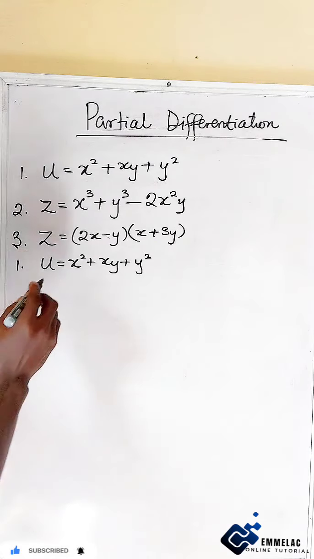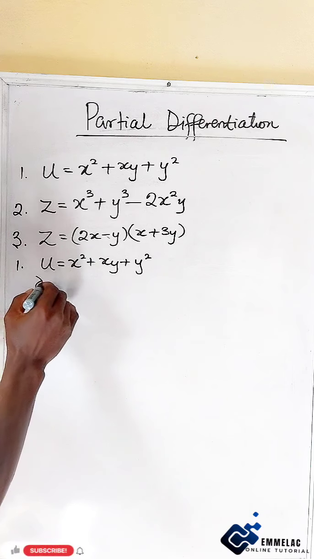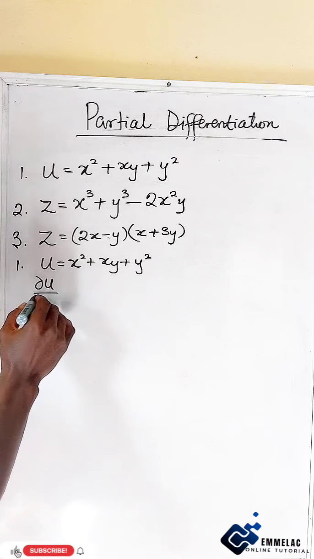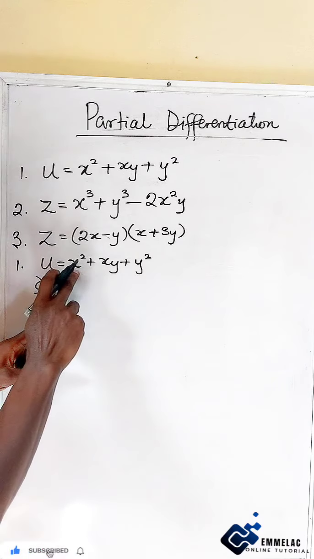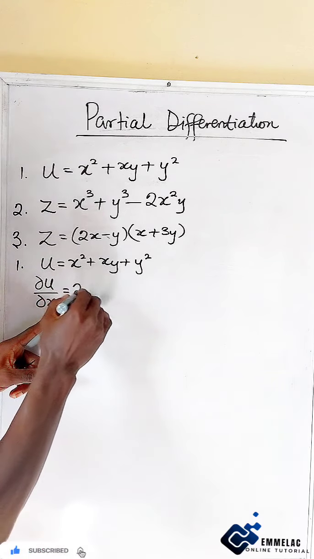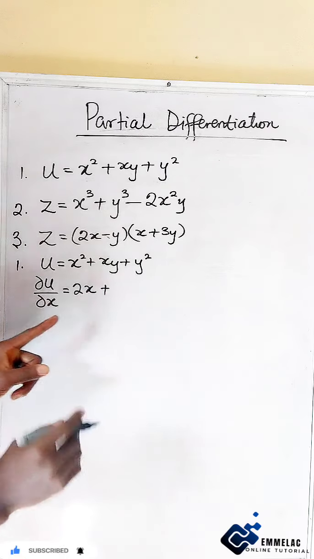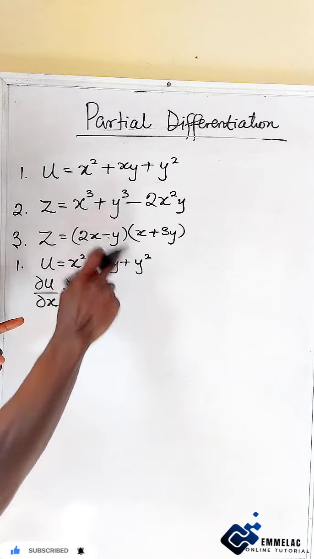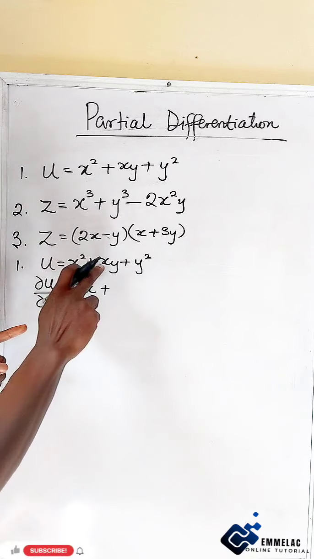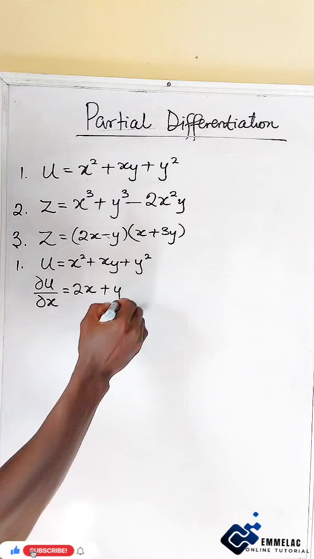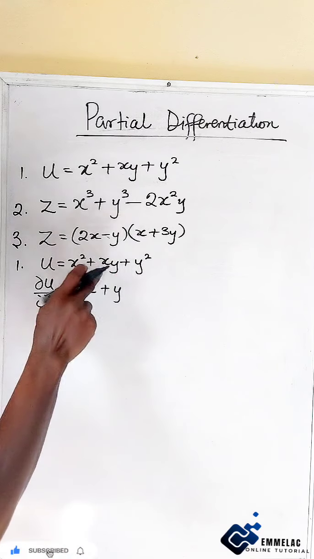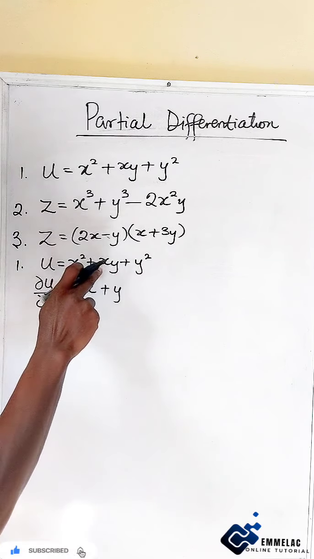Take note, this x squared we are differentiating because it has x, so here you have 2x, plus we also differentiate xy, because it has the variable x, so we have y, because when we differentiate xy with respect to x, x becomes 1.